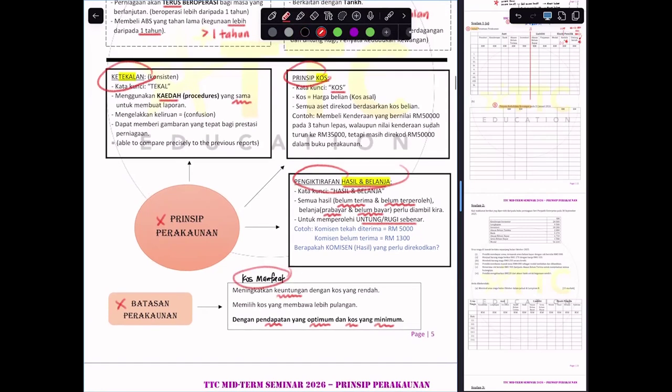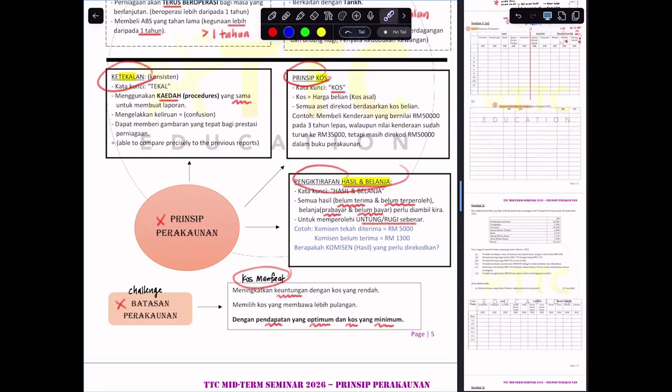Okay, then let us go to the easiest one, the batasan per account. Batasan means challenge. What's the challenge of your business? To earn more money lah. The main goal of your business is to earn more money, by using the lowest cost.